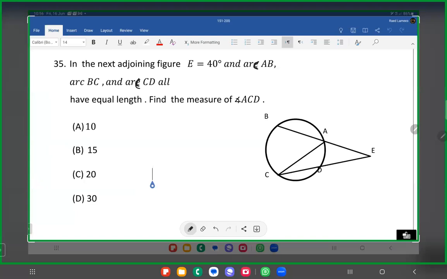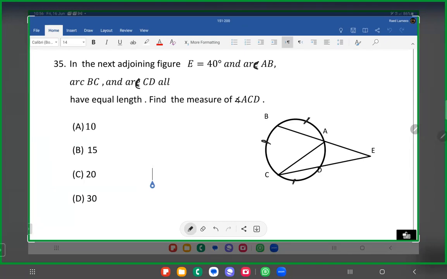In the next joining figure, angle E is equal to 40, and arc AB, arc BC and arc CD all have equal length. So this one is equal to this one, equal to this one.